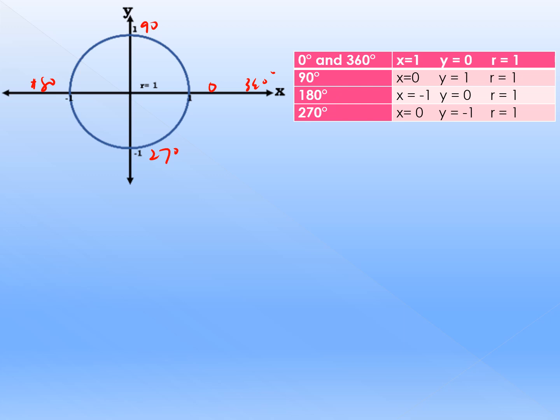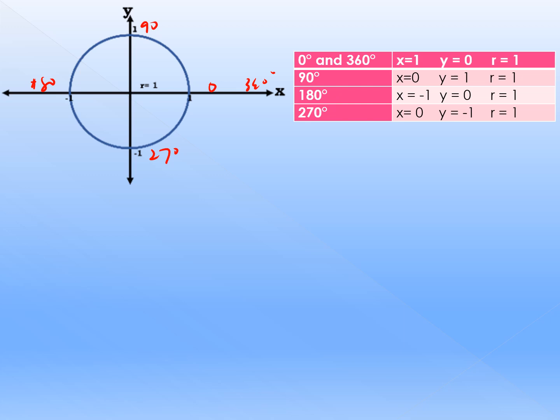As you can see, if it falls in 0 degrees, therefore, x is equal to 1 and y equals to 0. And if it falls in 90 degrees, x is equal to 0 and y is equal to 1. In order for you to easily familiarize yourself with this one, if the angle falls in x-axis, therefore, x is equal to 1 and y is equal to 0.